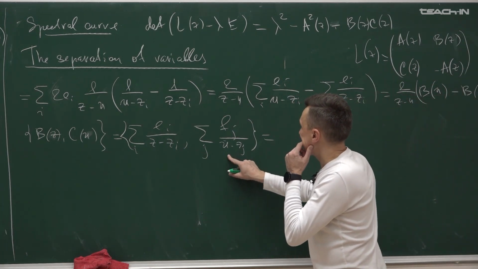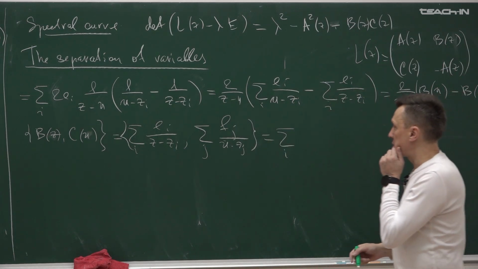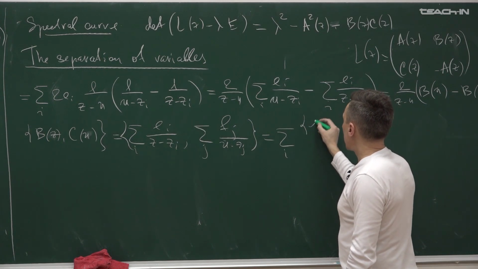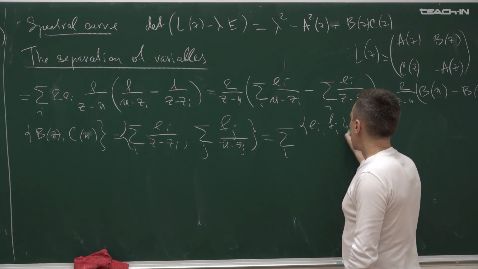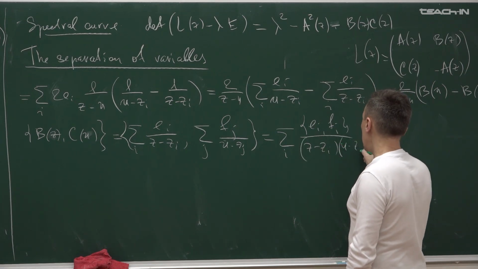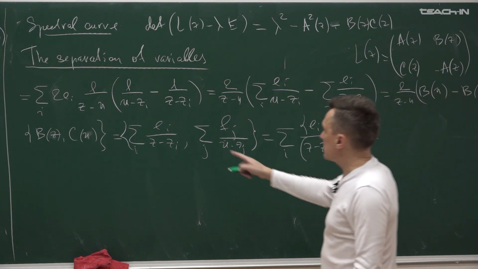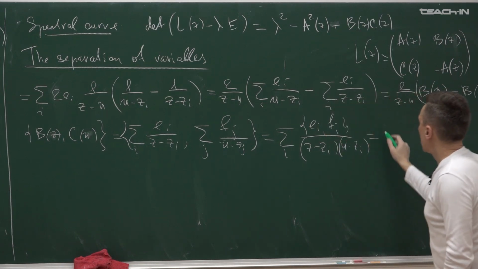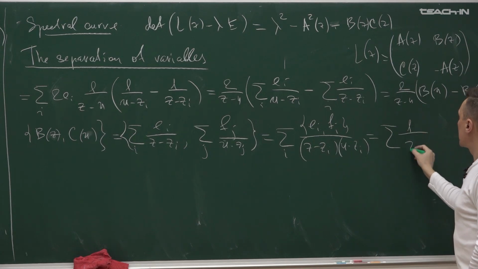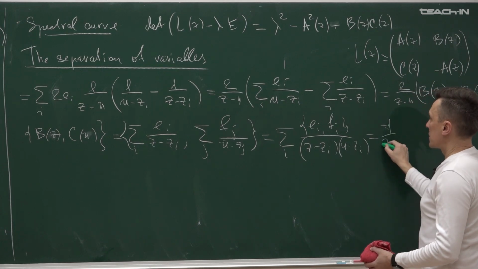We always can take the delta function, so I will consider only the summation on i, and it is the bracket of e_i, f_i divided by (z minus z_i)(u minus z_i), and this is the same expression, 1 over z minus u.